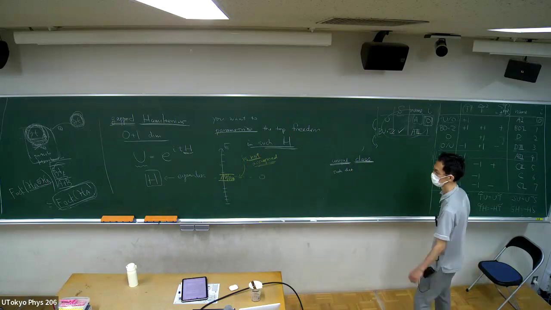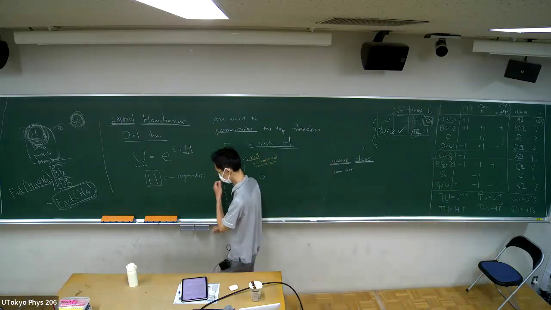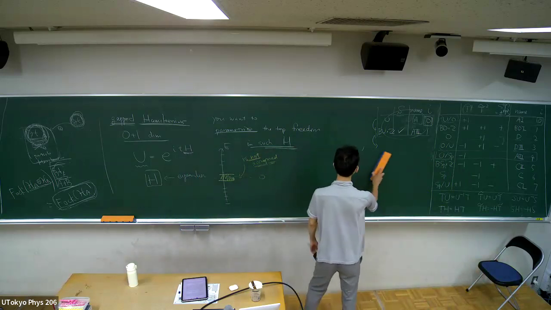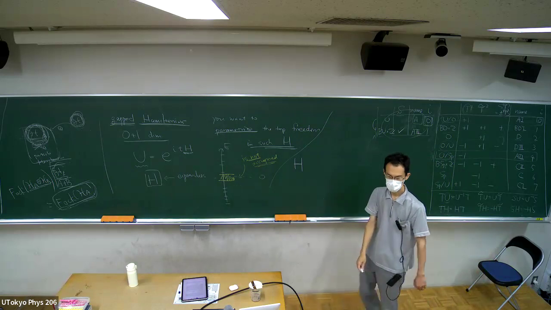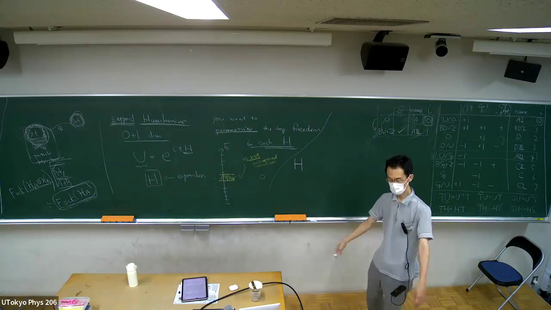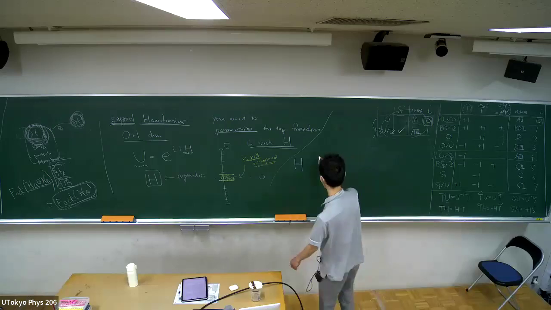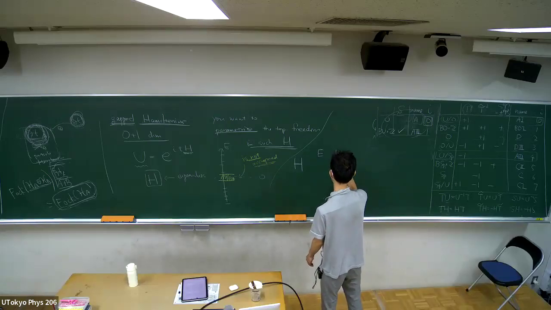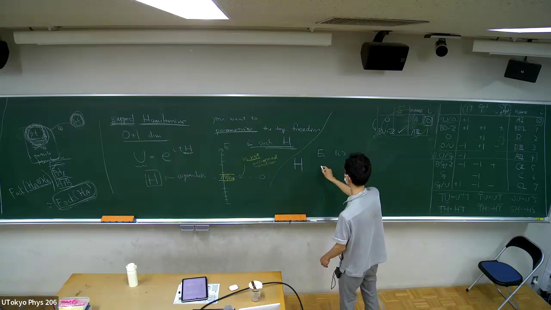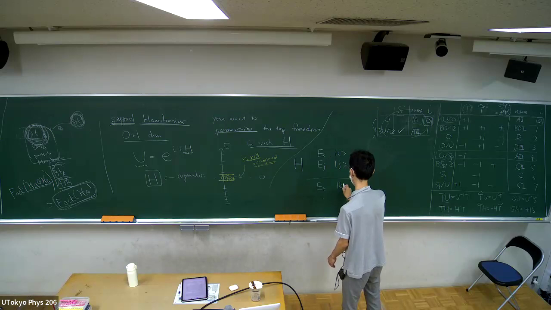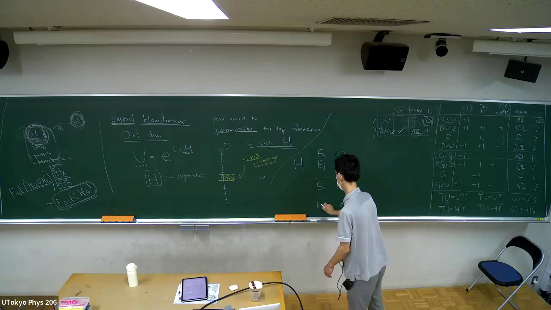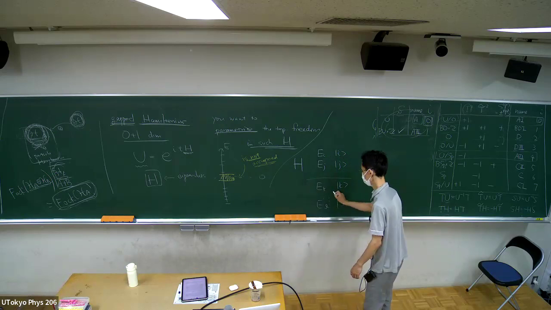How do we do that? First thing you do is the following. Generic H is very complicated, right? Because it can have various random eigenvalues E. So you have eigenvalue E_i, E_j, E_k with eigenstate k, E_l with eigenstate l.